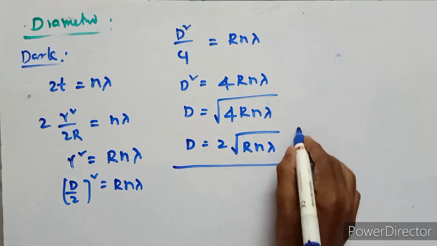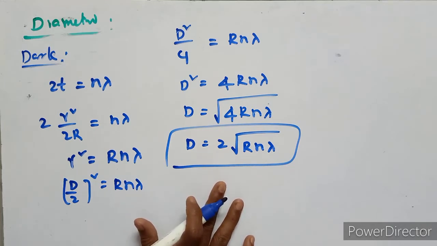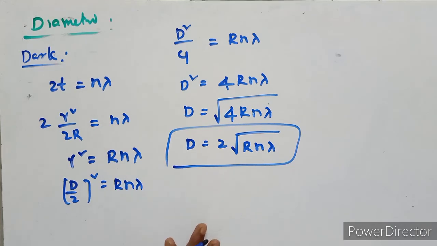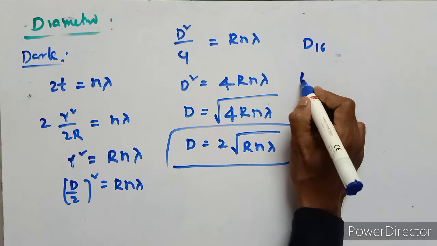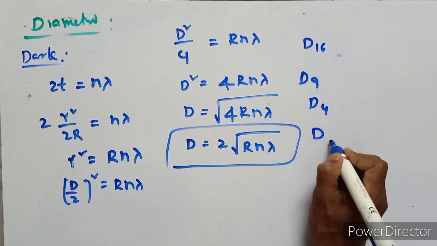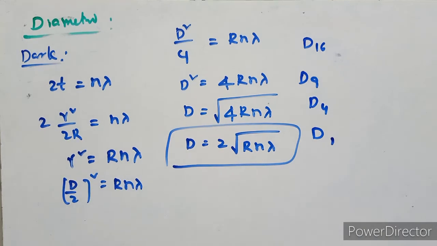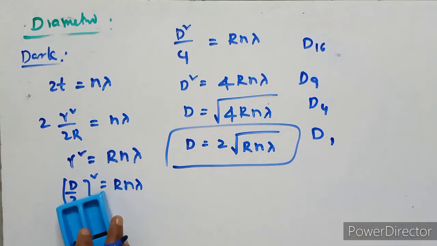So this is the diameter of the ring. We have to calculate the diameter of the 16th, 9th, 4th and 1st rings. These are the alternative rings.